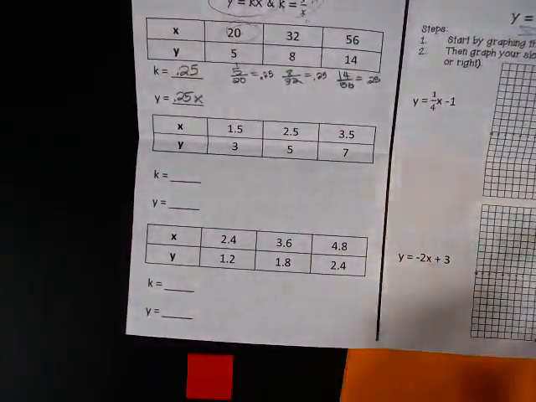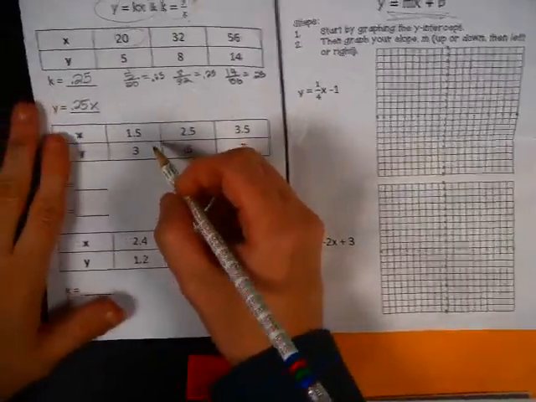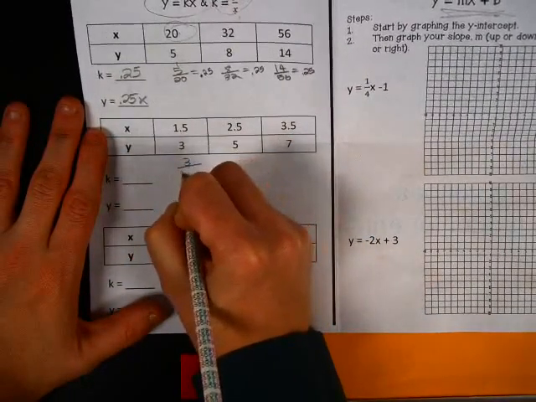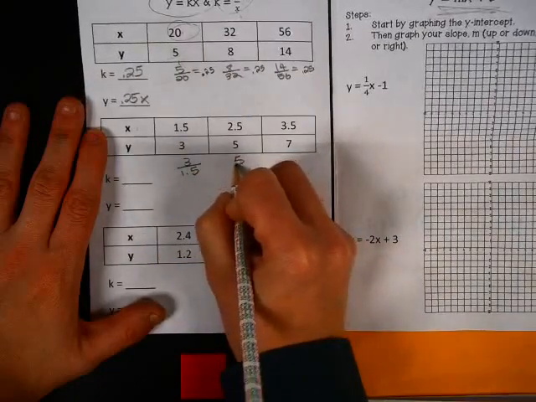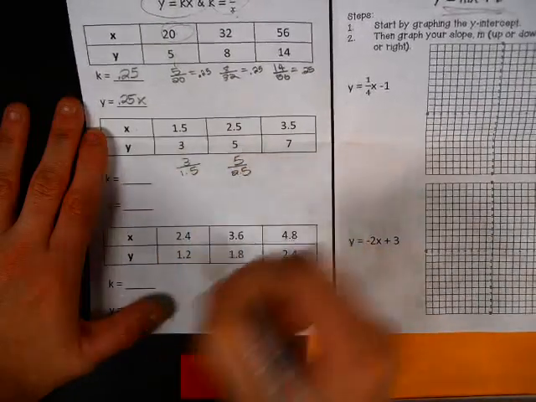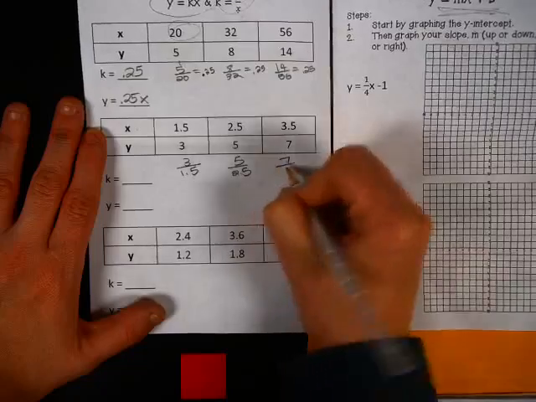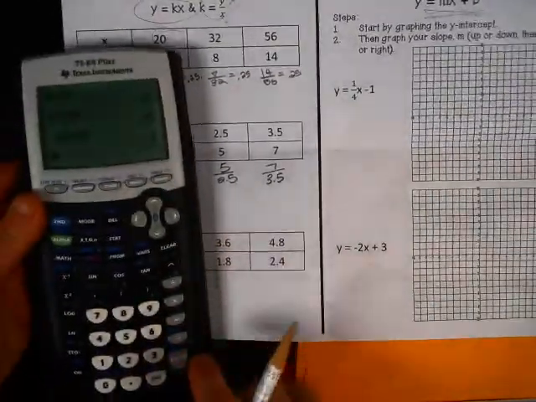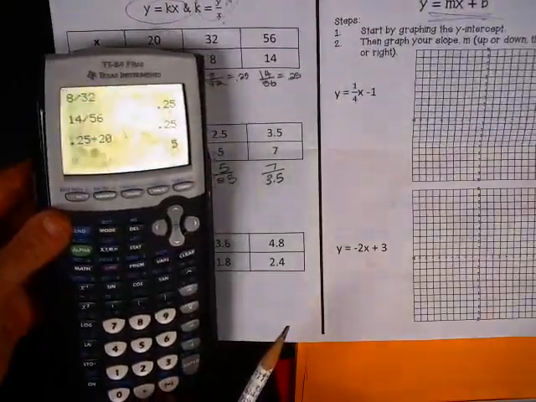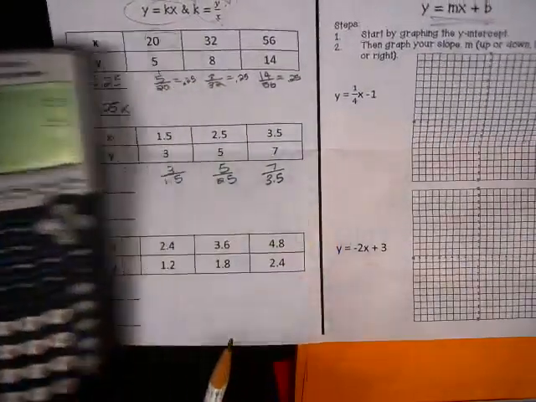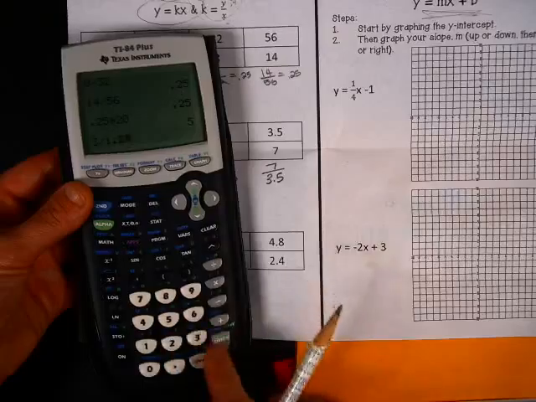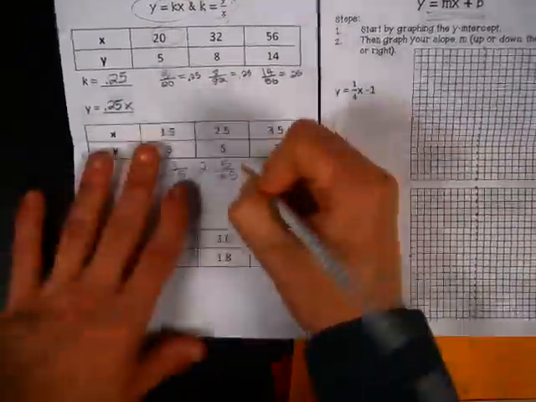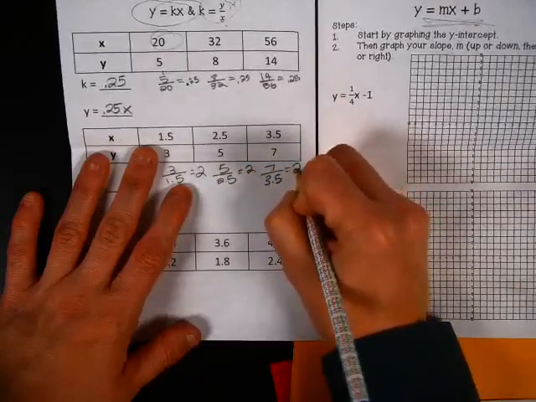Alright, so then you're going to do the same thing with here. Remember, it is y divided by x. So it's 3 divided by 1.5, 5 divided by 2.5, 7 divided by 3.5. So when you put these in your calculator, you have to put them in that order. 3 divided by 1.5 is 2, and you're going to get 2 every time.